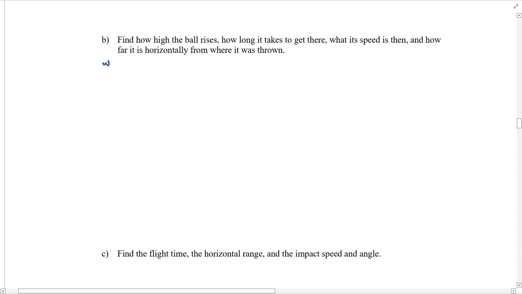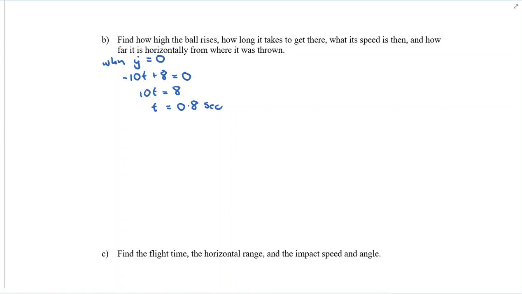So when y dot equals 0, and our equation for y dot was -10t plus 8 equals 0. So we just want to find t. So 10t equals 8, divided by 10, we get 0.8 seconds. That tells me the time it takes for it to get there.